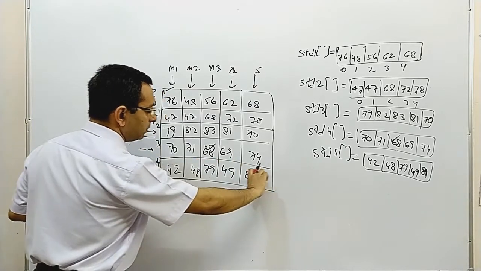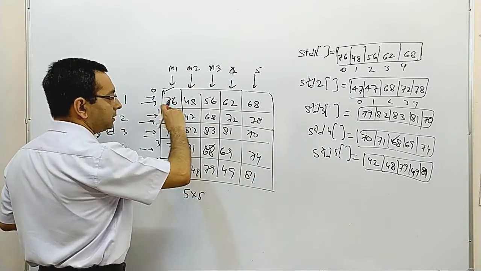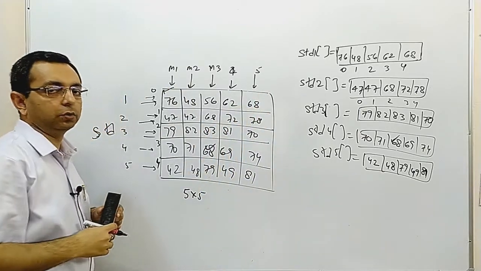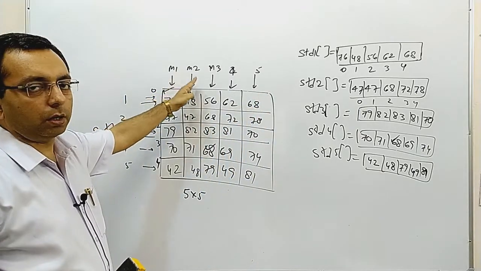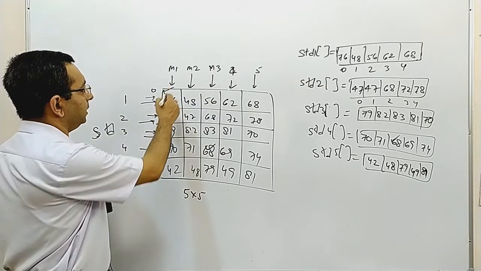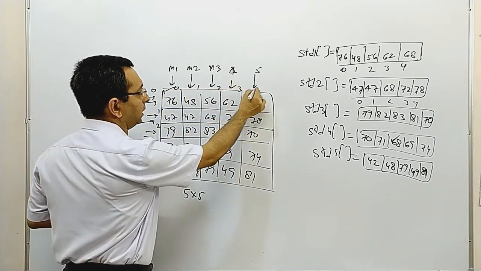For the columns, it will be 0, 1, 2, 3 and 4.